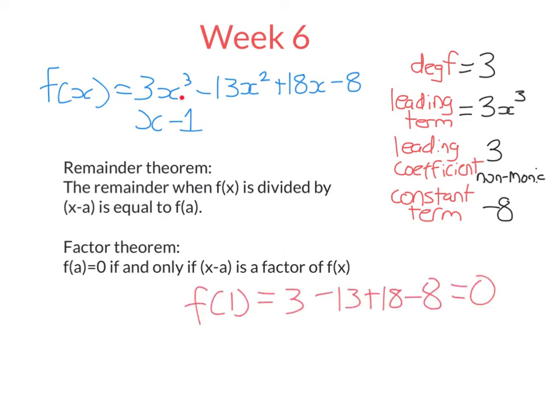So replacing x with 1, I get f of 1 is equal to 0. So that means when I divide this polynomial by this, the remainder is 0. It also means that x minus 1 is a factor of this polynomial here. So remember, if I want to know about x minus 1, I don't substitute -1, I substitute the negative of that. I substitute positive 1.